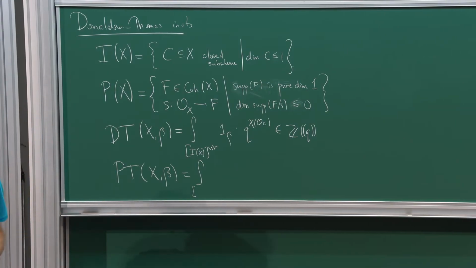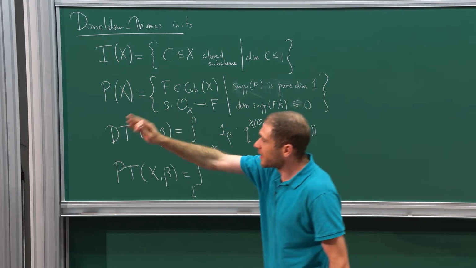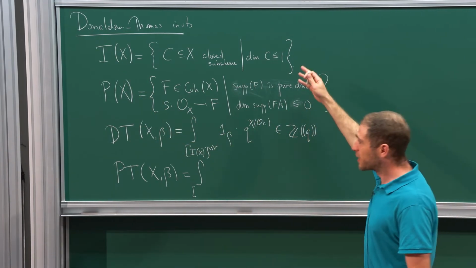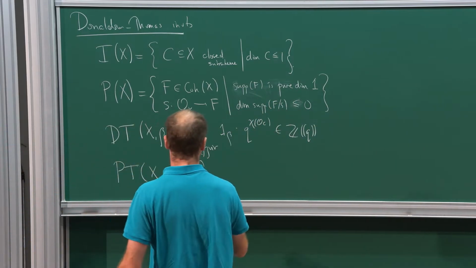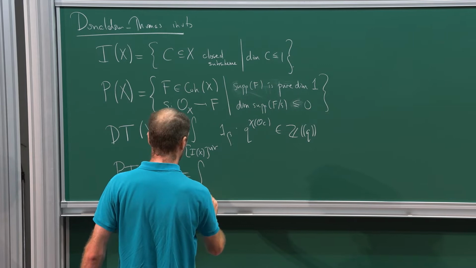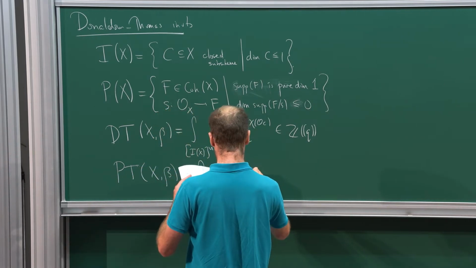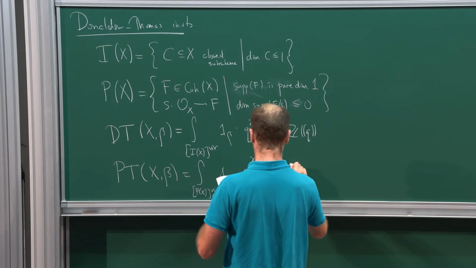Yes. So this virtual fundamental cycle needs to extend to all of these spaces, and that's a non-trivial statement for sure. And here we keep track of just the holomorphic Euler characteristic of F.